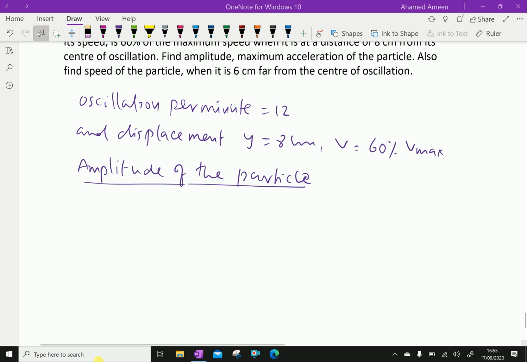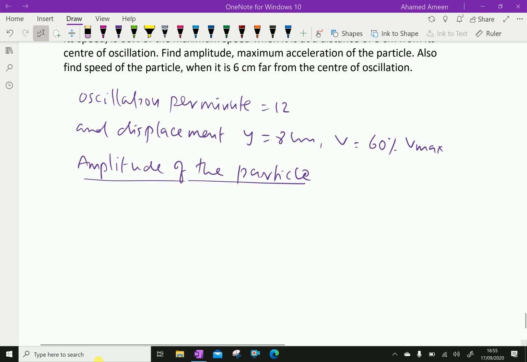We know that the number of oscillations per second is 12 by 60, because 12 oscillations per minute, so per second it is 12 by 60, which is 1 over 5.